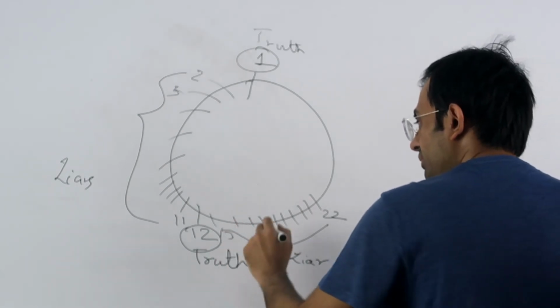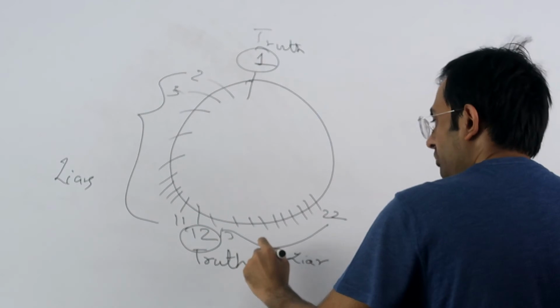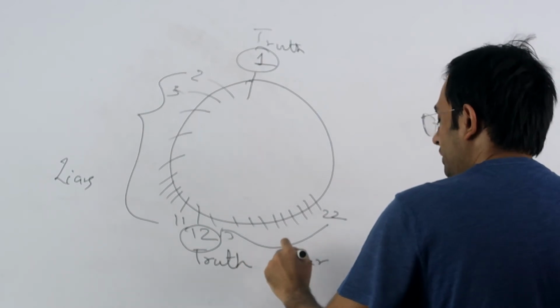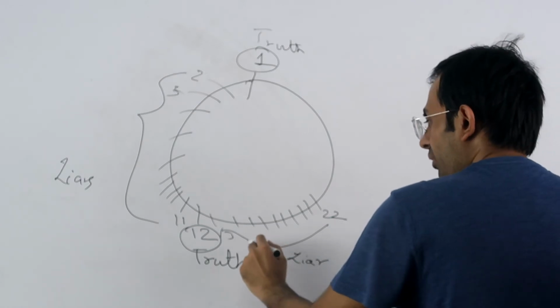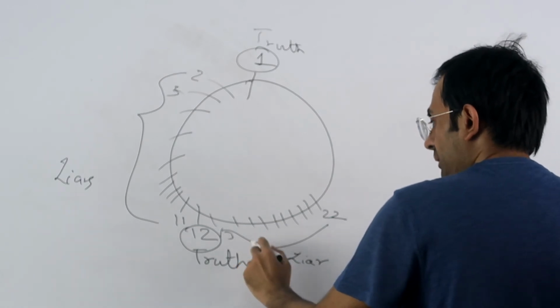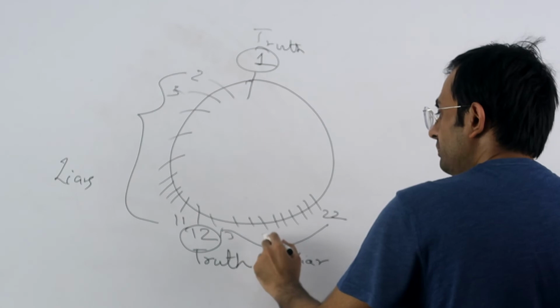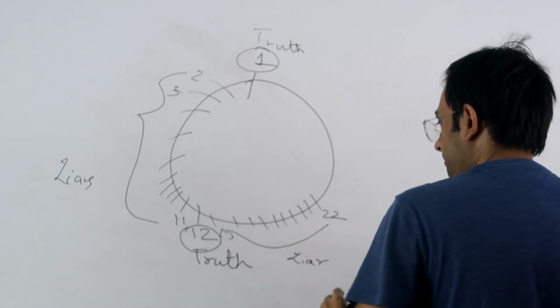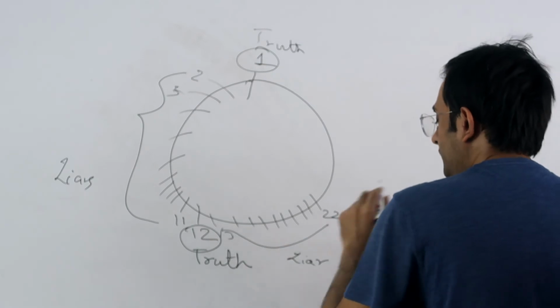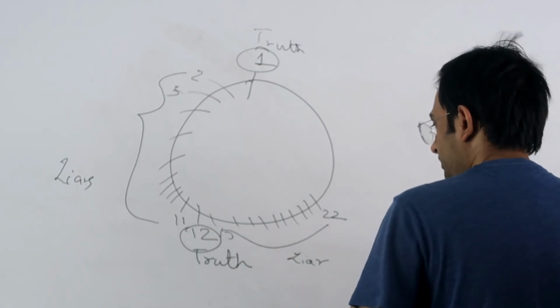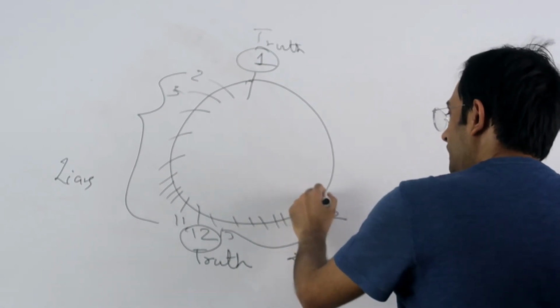Now, person 13 also says that all the 10 people to my immediate right are liars. Who are those 10 people? Person number 14 to person number 23. We know for a fact that 14 to 22 are liars. Now, what will happen if 23 also is a liar?